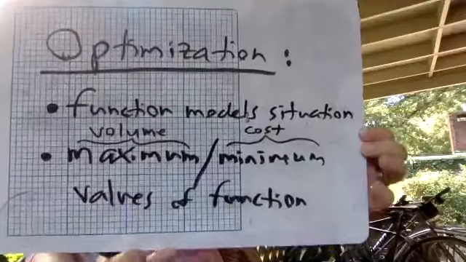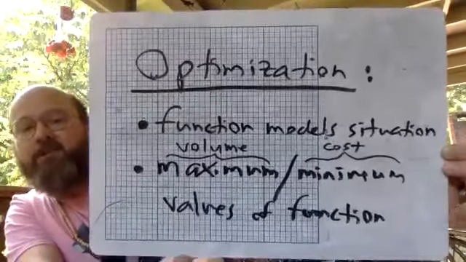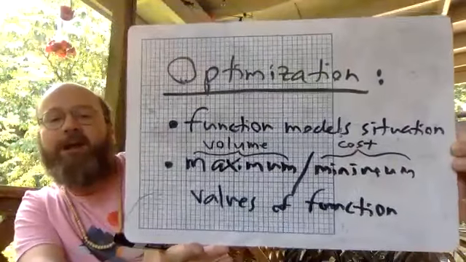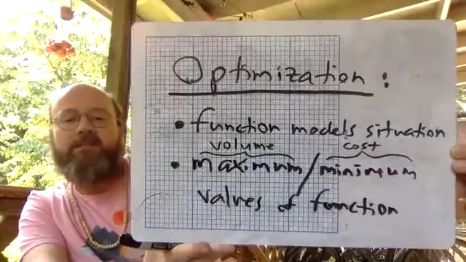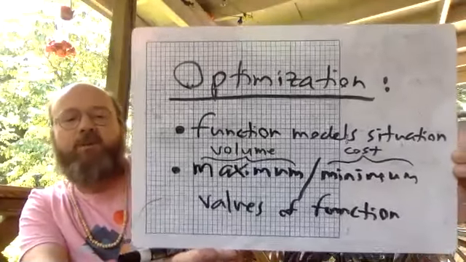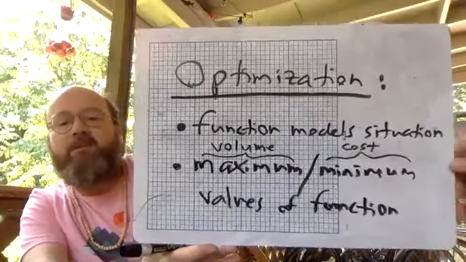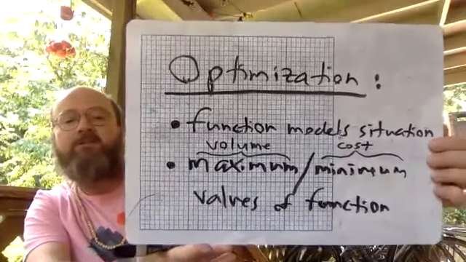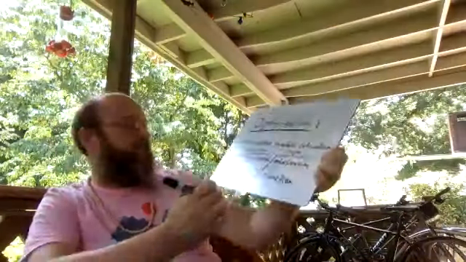Now in these situations, I'm using economics types of analogies, just because they're easy to get our heads around, and they feel impressively practical. But this doesn't just have to do with practical things. This is with anything. Anytime you have a function and you want to find the maximum or the minimum values, that might translate to the best or worst case scenarios, this is a problem in optimization.